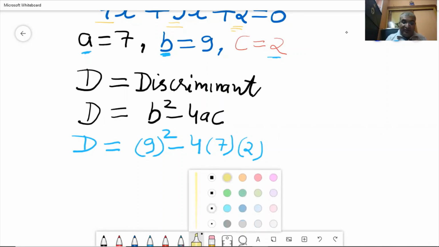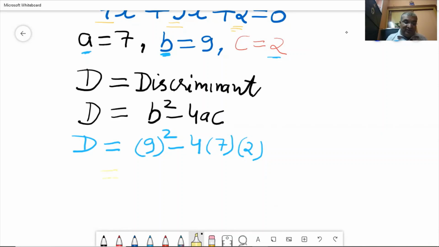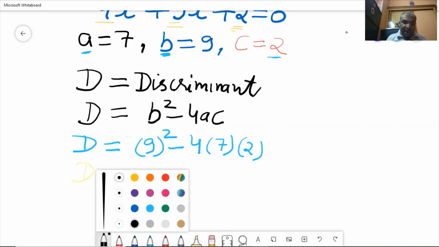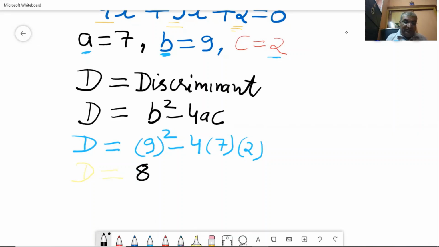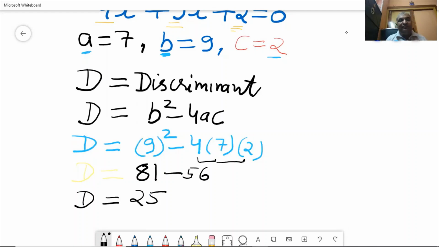And as we put the values, when we calculate d, square of 9 will be 81. So it becomes 81 minus 4 into 7 is 28, and 28 into 2 will be 56. So very simply, we'll write the multiplier as 56. So 81 minus 56 is 25.